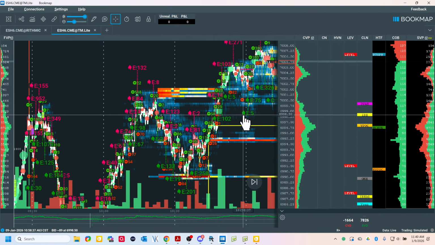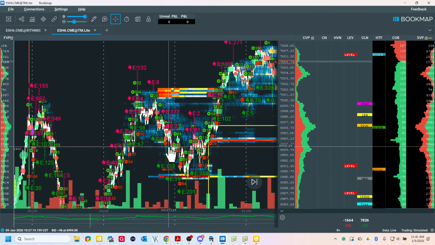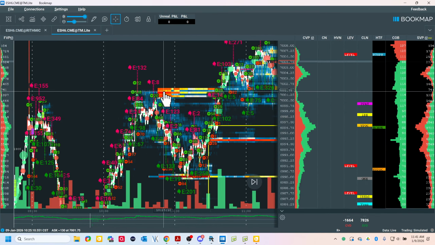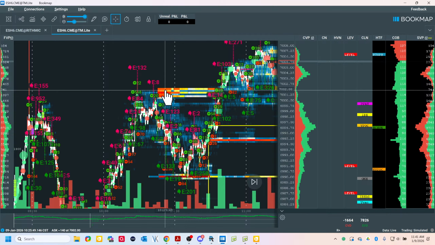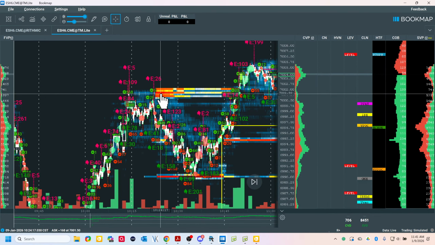So when I'm looking at this, because I understand the language, I know what happened over here. And when this comes in the book, I also understand that those are buyers. There's the icebergs. Just like I understood when this came in the book, it was going to skew the book. Why did this happen here? Is it possible that when this came in, there was no intention of selling?